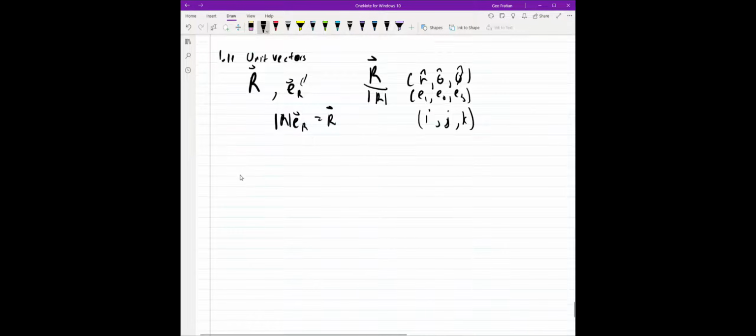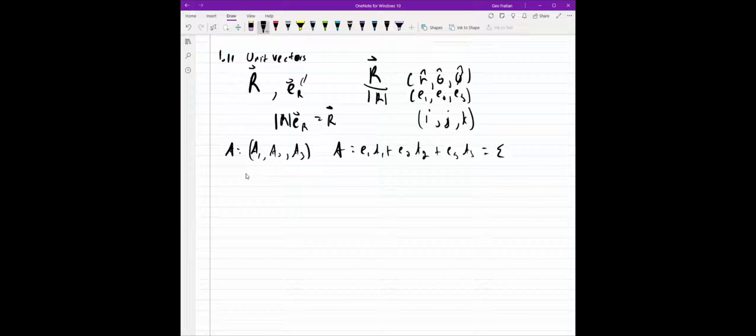So let's say I have a vector A. A is equal to A1, A2, A3. Okay. And then that means A is equal to e1 A1 plus e2 A2 plus e3 A3, or the sum over i of e_i A_i. And then you can do the same thing with i's and j's and so forth.